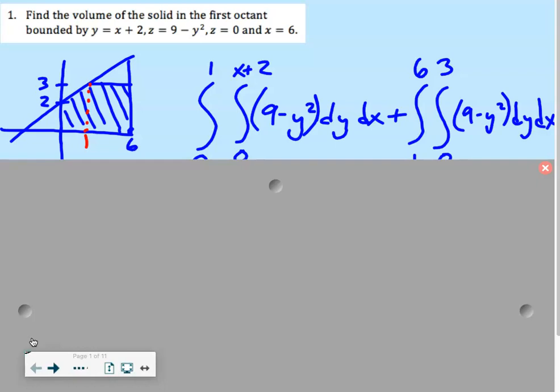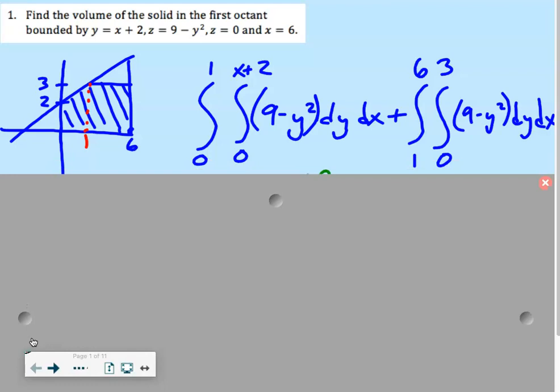So first octant, we have x equals 0 to x equals 1, with y going up to x plus 2, and then from 1 to 6, going up to your 3, of 9 minus y squared. Maybe doing it dx dy wasn't easier or harder, I don't know. It could be done with 1 integral, I just haven't tried it. But that was my setup.